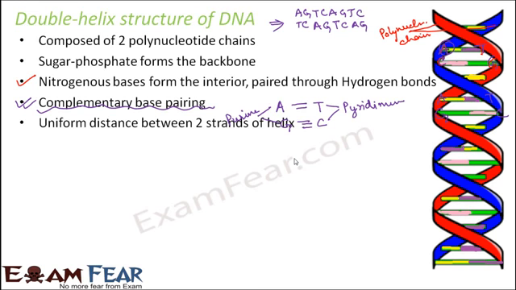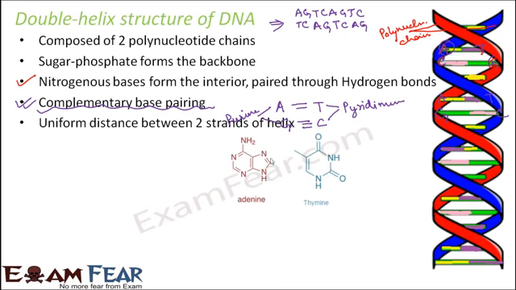When a bond is formed between a double ring and a single ring, it doesn't matter whether the double ring is on this side or that side. In all the steps of your staircase, they will occupy the same width. As a result, the distance between A and T and the distance between G and C will remain the same, and therefore a uniform distance will be maintained between the two strands of the helix.